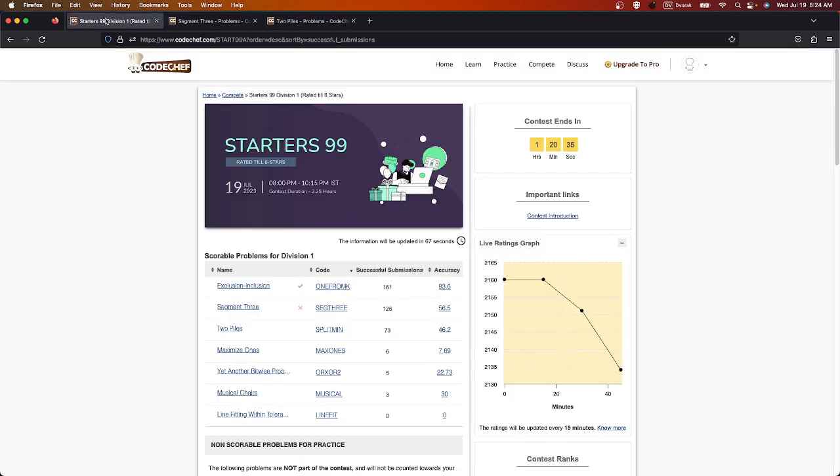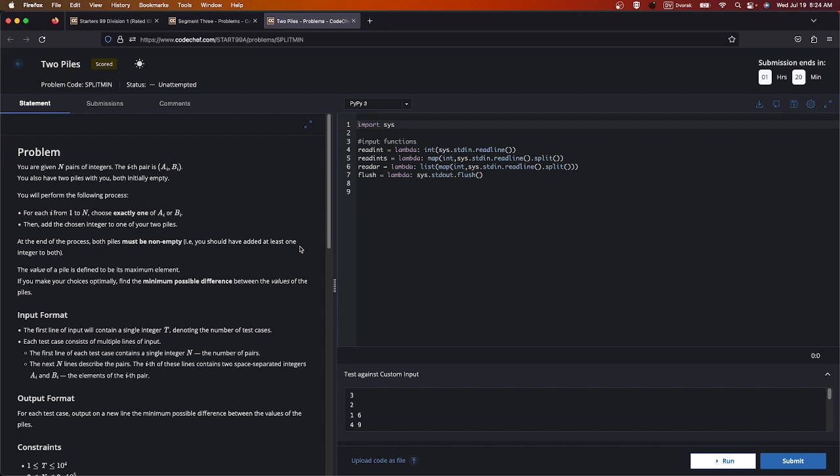Okay, yeah, we need to look at 2 piles. I'm very stuck on segments. So 2 piles, both initially empty, and n pairs of integers.